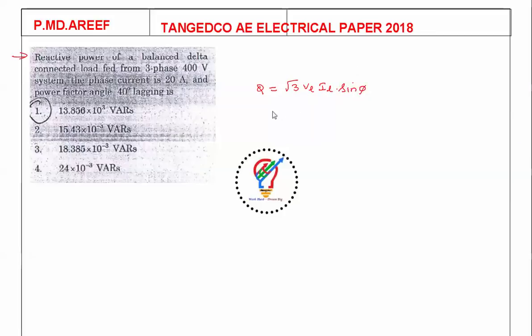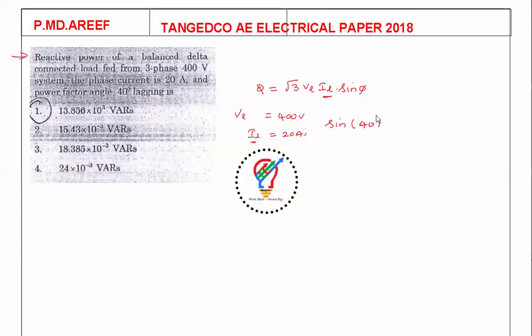From this data VL is 400 volts, and IL in this formula we can take as 20 amperes. Don't get confused here with star and delta connections. Just let it be IL, or if you want, you can also take VPH and IPH, no issue at all. Now sin phi, how much is it?